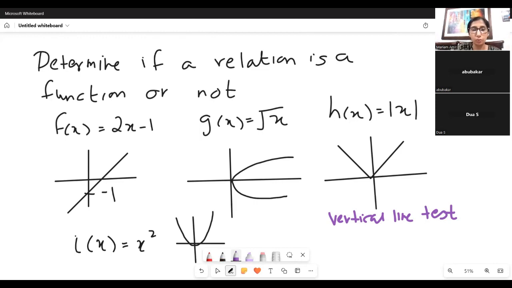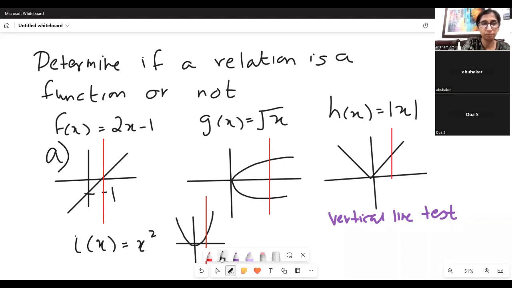So you draw a vertical line anywhere through the graph and you count the number of points of intersection. If the vertical line intersects your curve at only one point, then it is a function. Otherwise, it's not a function.